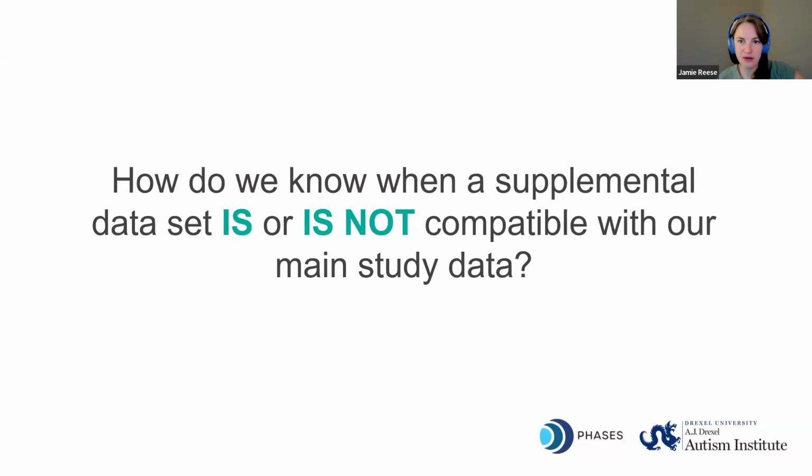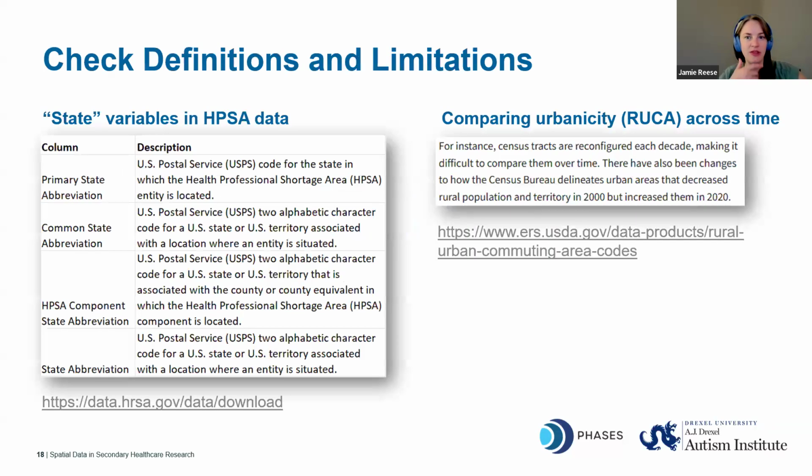All right, let's talk through some of the things that we think through in our work. I've given you two examples here that I've encountered. One of them is, so I'm saying definitions and limitations, but really just going through your documentation. Anything that you can find from that external data source to make sure that you understand what you're looking at and when it's appropriate to use it in the way that you would like to use it.